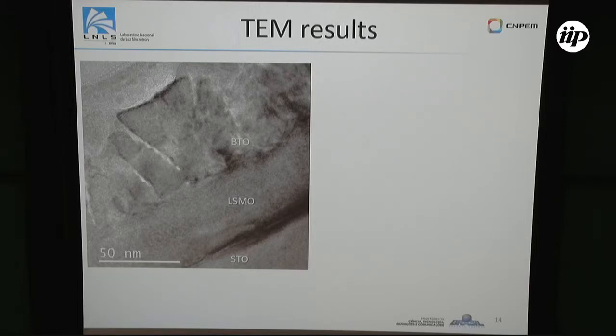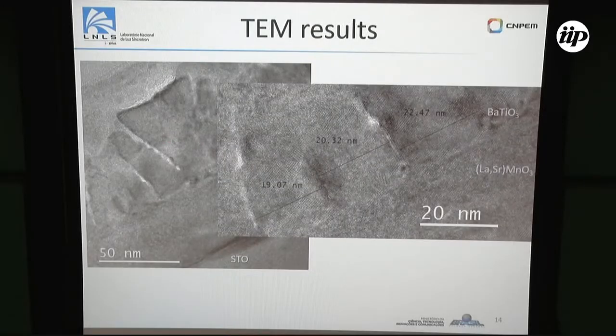Look close to the interface. Okay, here we have a pretty perfect growth. And here we have barium titanate, we have several islands. When we look close at the interface, we can see that something happened a few nanometers after we start the growth of barium titanate.